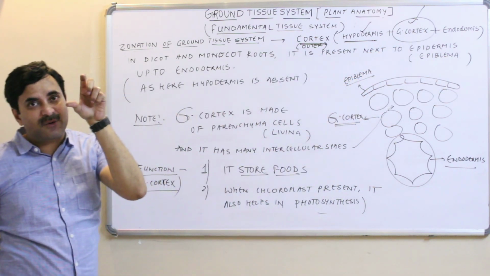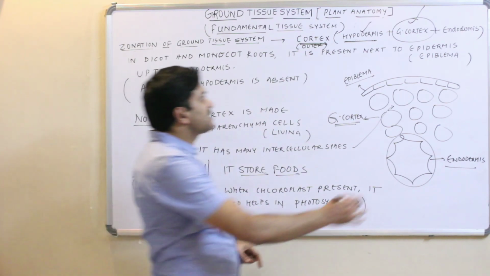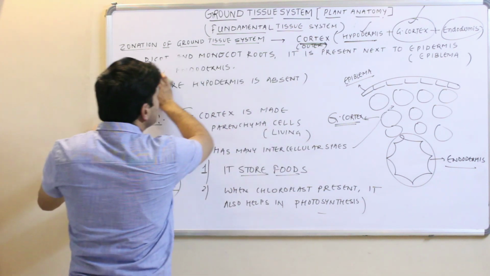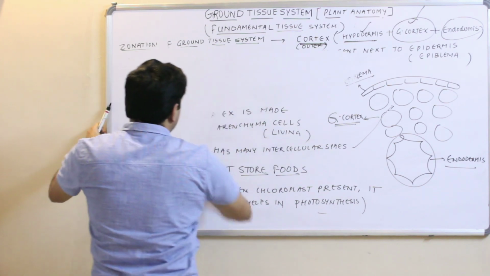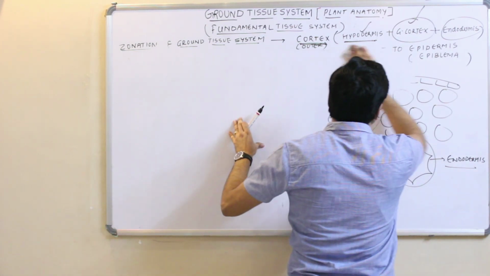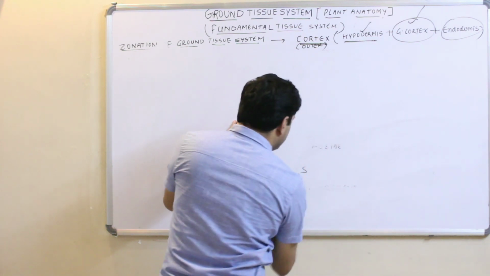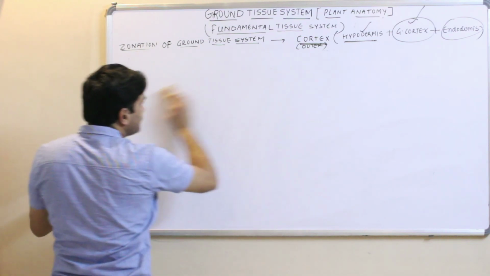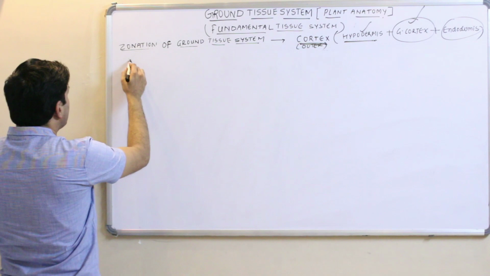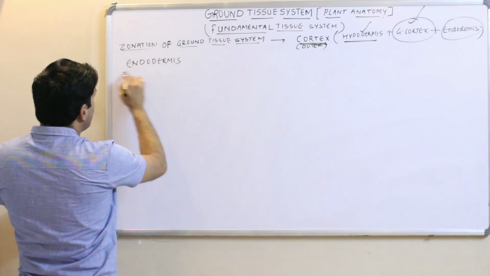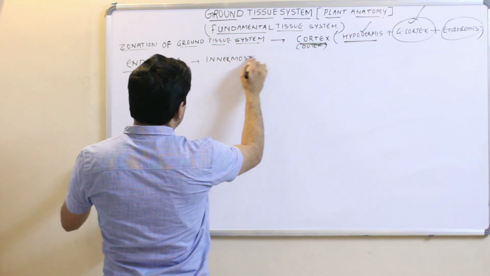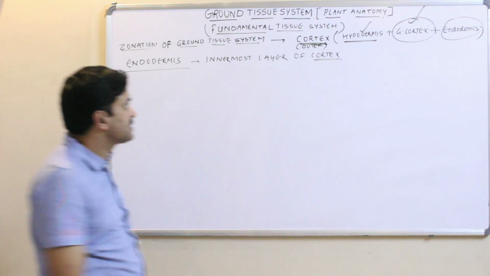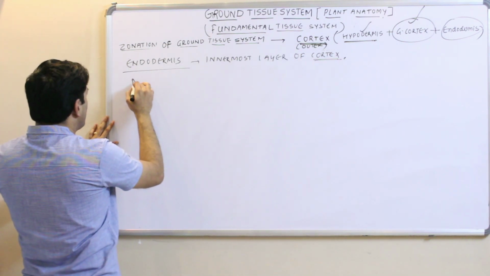Now coming to the innermost zone of the cortex, which is very, very important, and that is known as the endodermis. Endodermis, innermost layer of cortex.